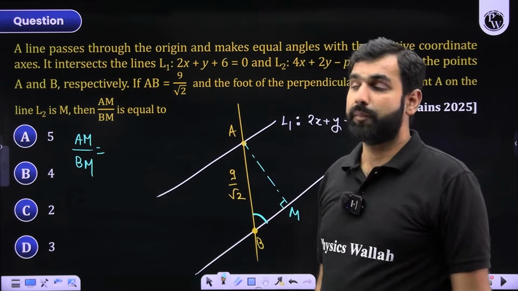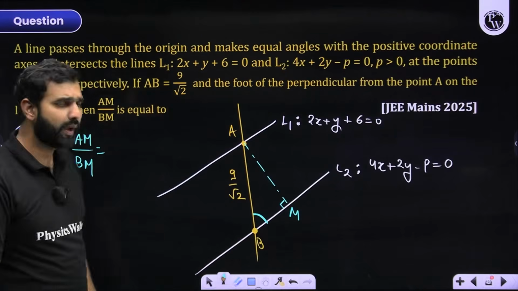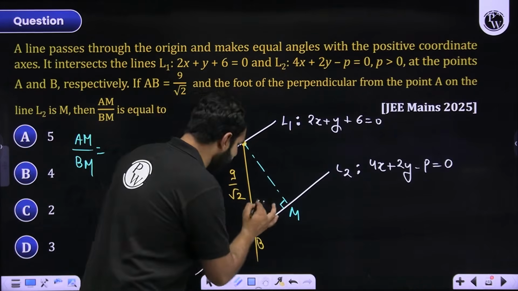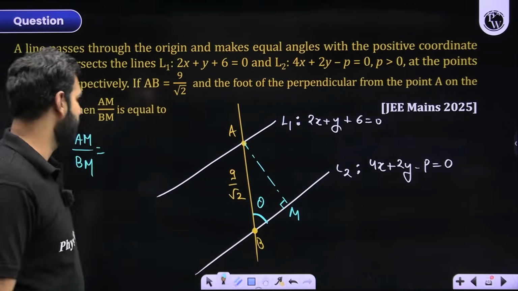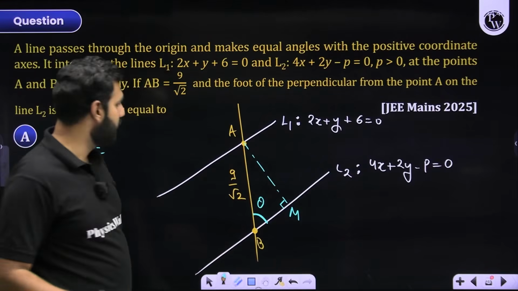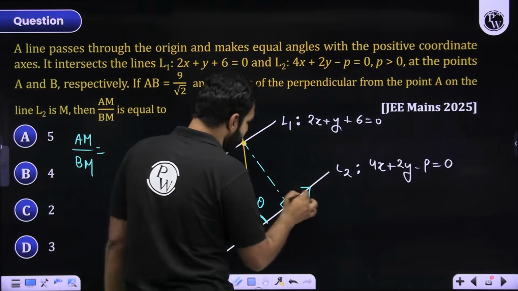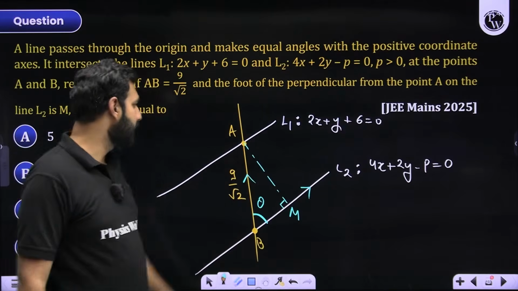And what is AM upon BM? We all know AM upon BM is nothing but tan theta, where I'm calling this angle theta. I hope there is no confusion on that. But what is this theta? This theta is the angle between this line and this line. This theta here is nothing but the angle between this line and this line.